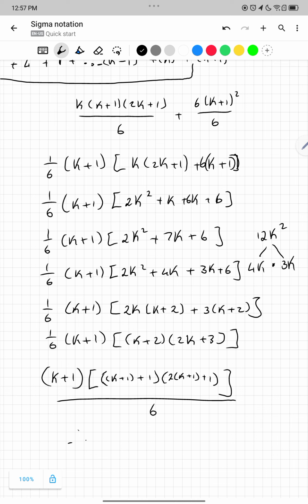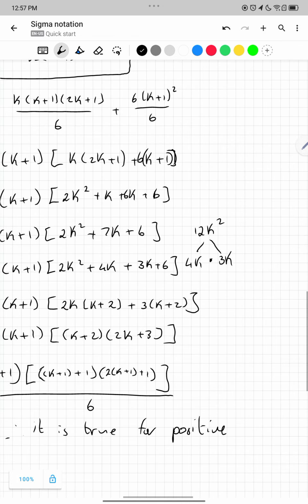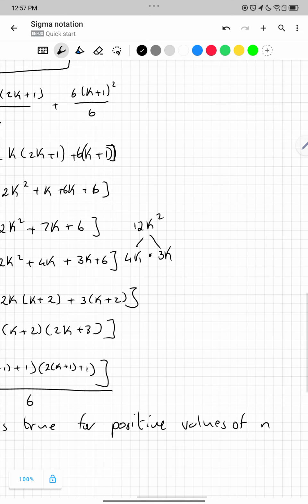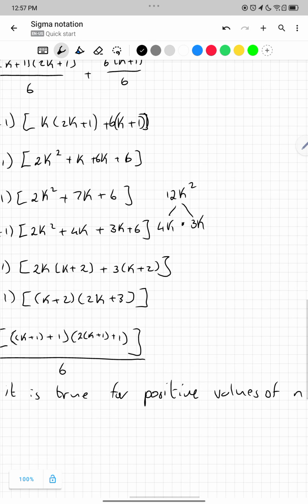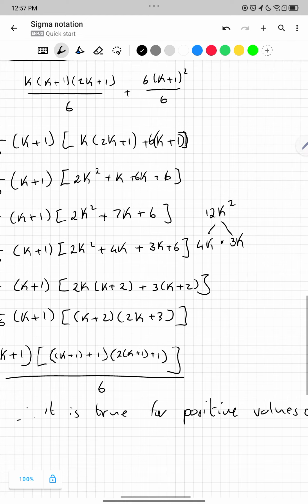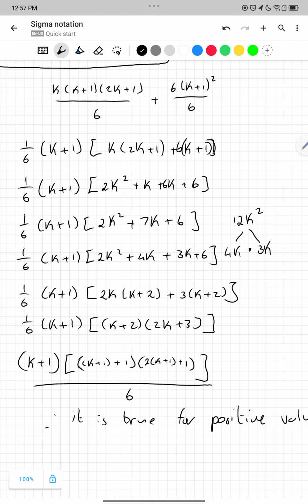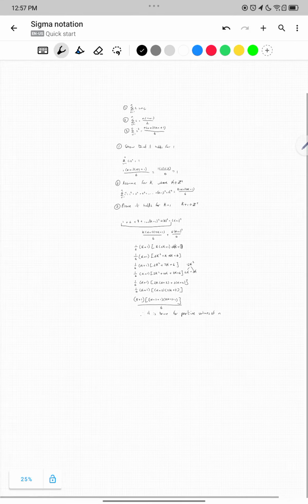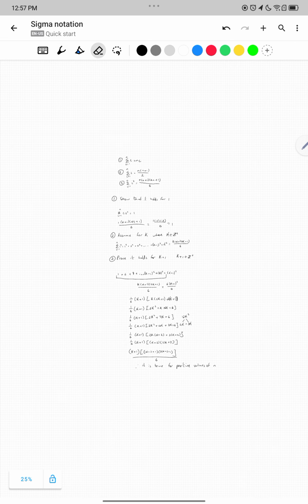So therefore, it is true for all positive values of n. So that's the proof of that. Yeah, tedious, I know. It works.